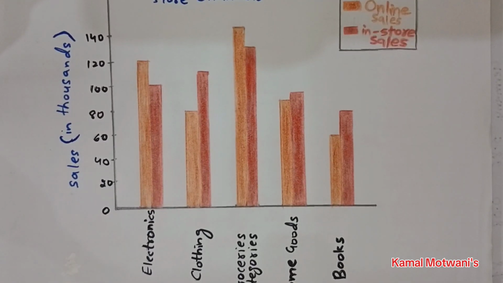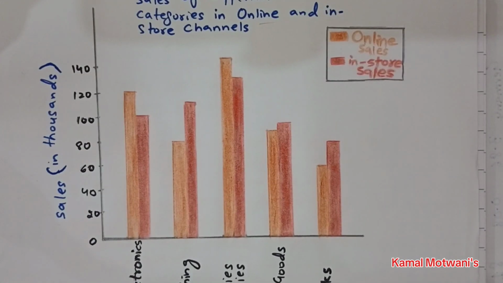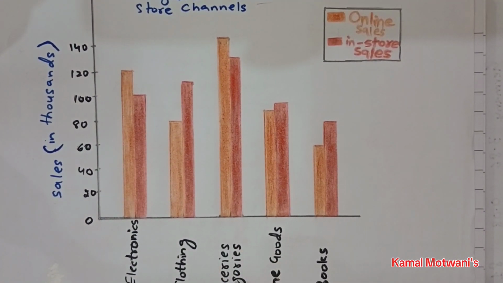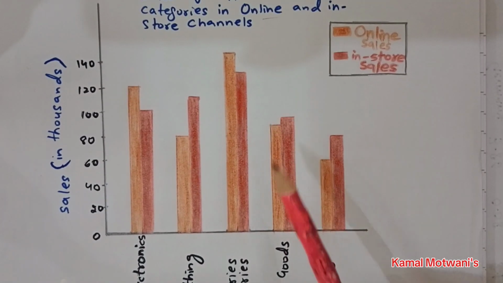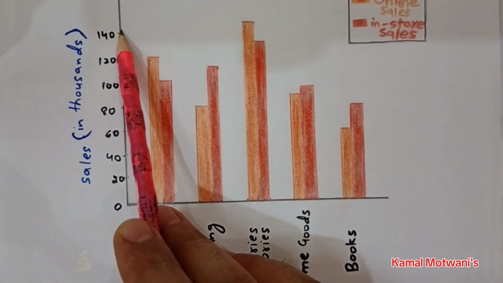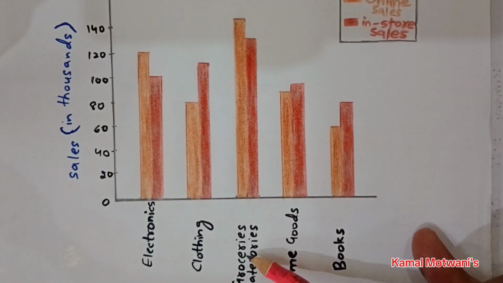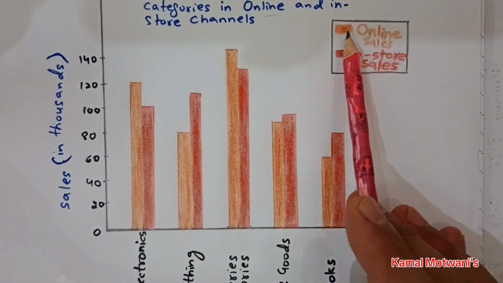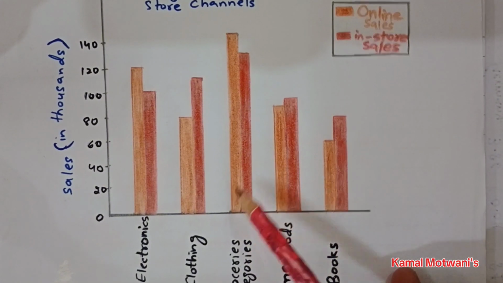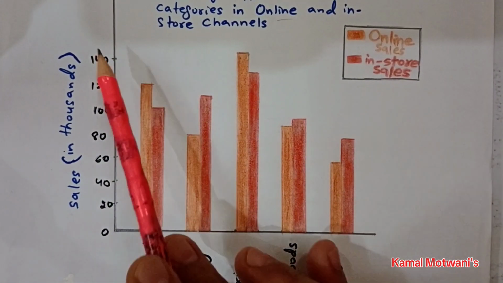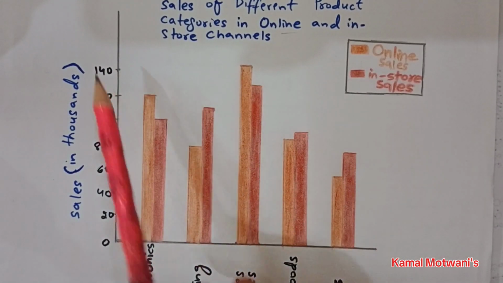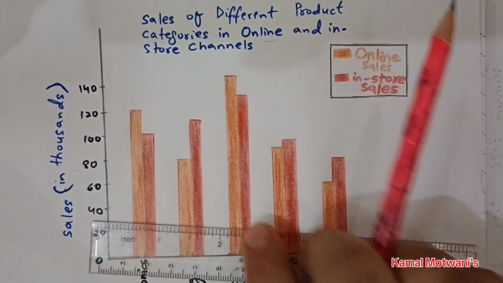So let's interpret this graph. We can see in this graph that the highest bars are of the grocery category. The online sales of the grocery category reach up to 140 or above 140. The orange bar in the grocery category reaches even ahead of 140,000.